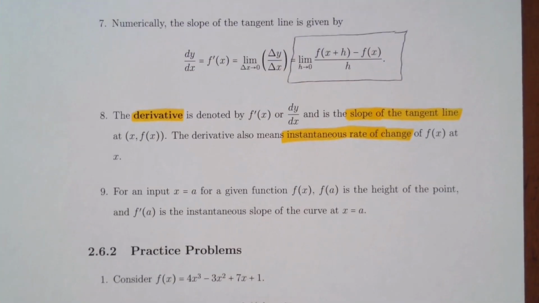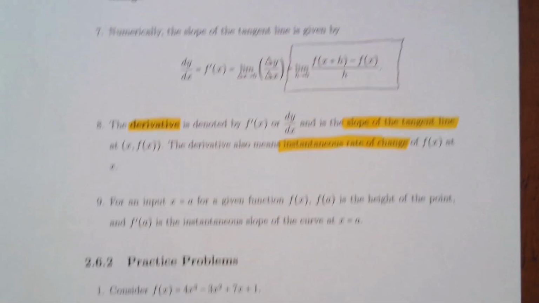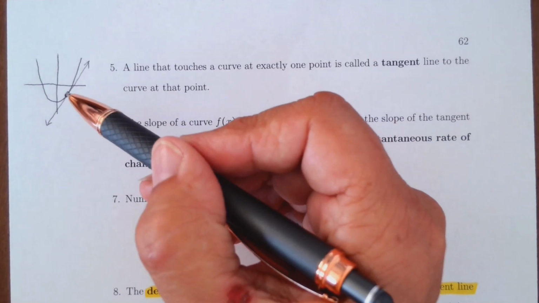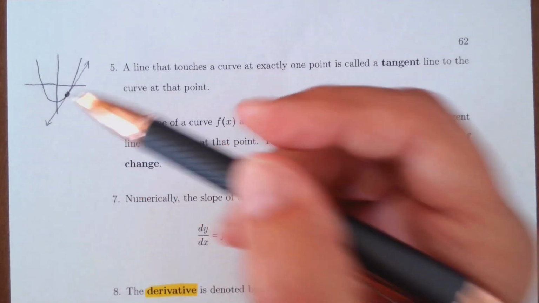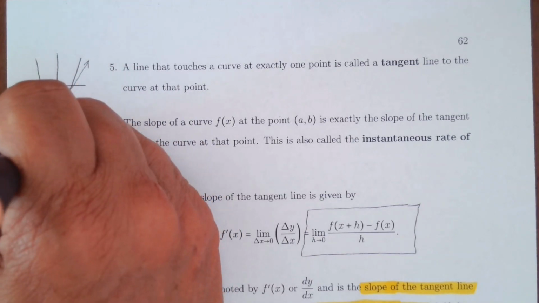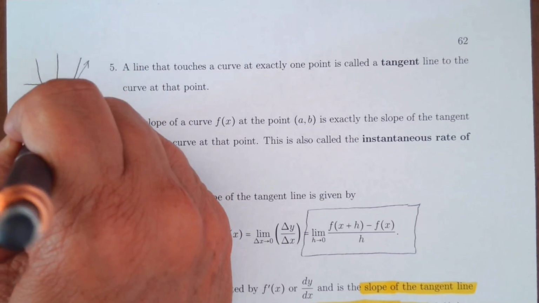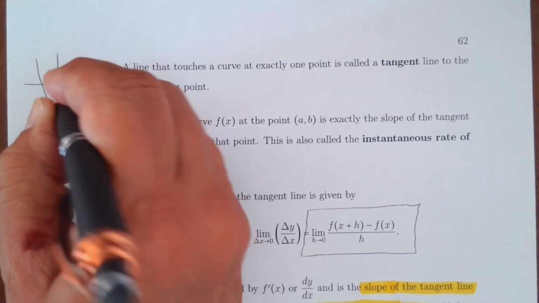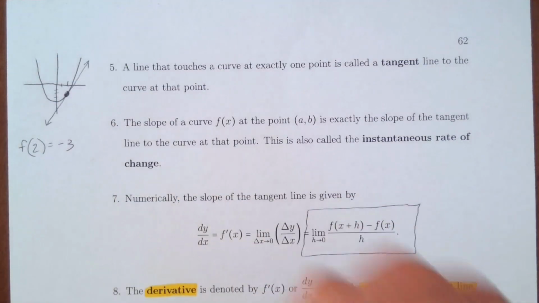All right, and then number 9 says, for an input x equals a for a given function f, f of a is the height of the point, and f prime of a is the instantaneous slope of the curve at that point. So go back to that picture that we had. If I give you the function value, let's say, just looking at this point, f of 2 equals, I don't know, let's call it -3. Let's say we went over 2, down 3.